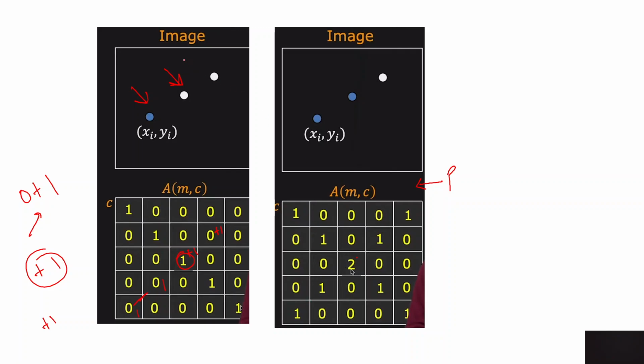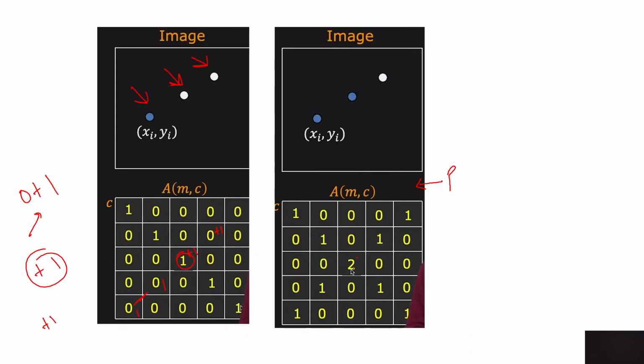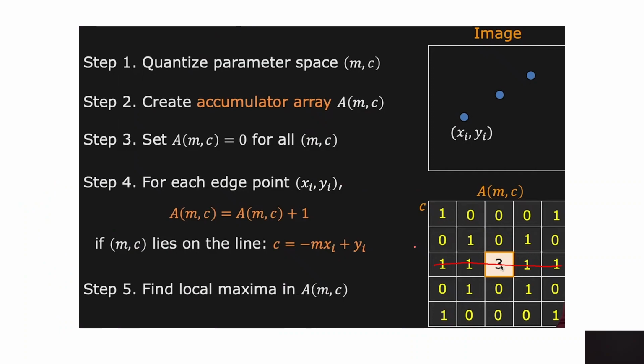Likewise, when we consider our third point, for example, this is the line. For this line, as soon as we encountered 2, we added 1 to it, so it will become 3. So this is a very simple algorithm. This will be our accumulator array by the end of considering these 3 points.